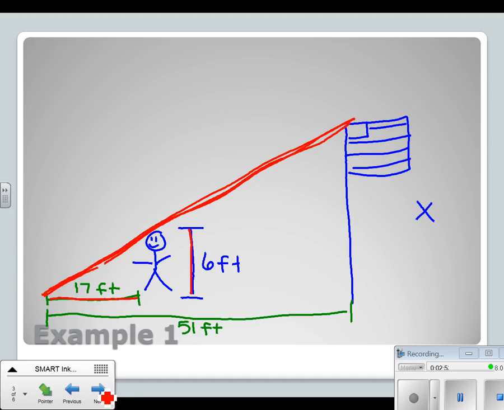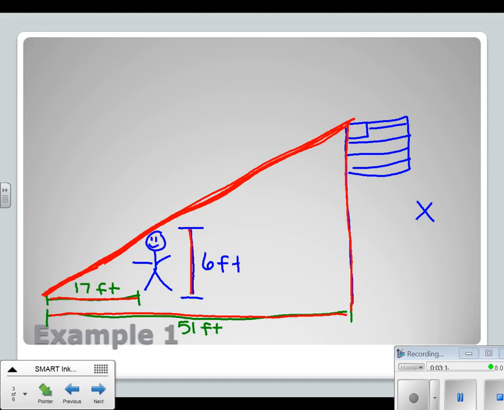Then we have the height of the flag, the flagpole, that red line coming down, and then the shadow making a bigger triangle. So we have two triangles.